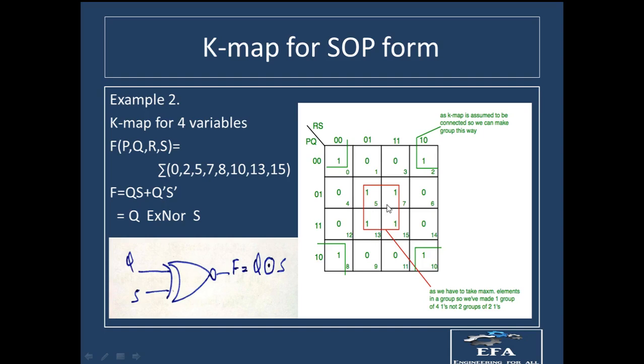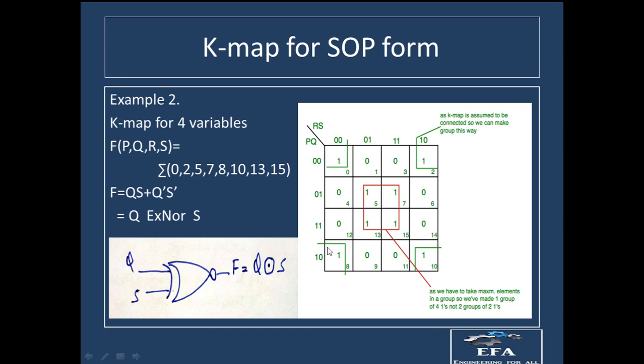Okay, now let us talk about the first group first of all, right? So in the first group, we have to see what the values of P, Q, R and S are. So from P and Q, right? So this 0 and 8, right? We have to see the values of P and Q at this position and this position, and see which of the variables are changing and which are not changing.